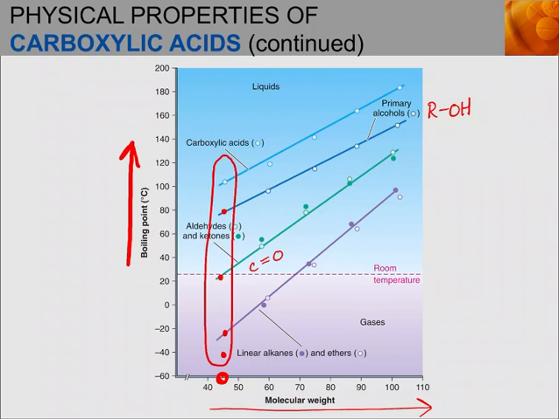That's why those boiling points are greater, because it takes more energy to break a hydrogen bond. And last but not least, we have carboxylic acids, which have higher boiling points because they have twice the hydrogen bonds due to the carbonyl group as well as the OH group. Again, the stronger the intermolecular force, the higher the boiling point.